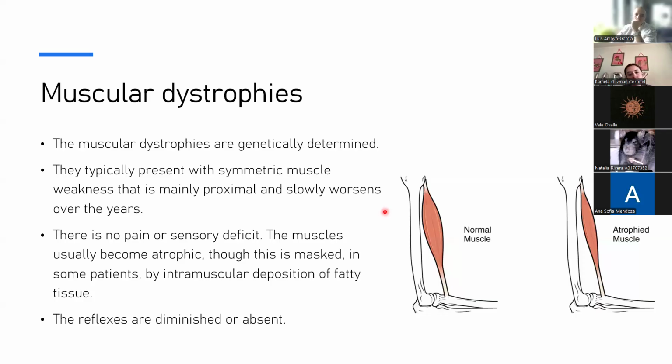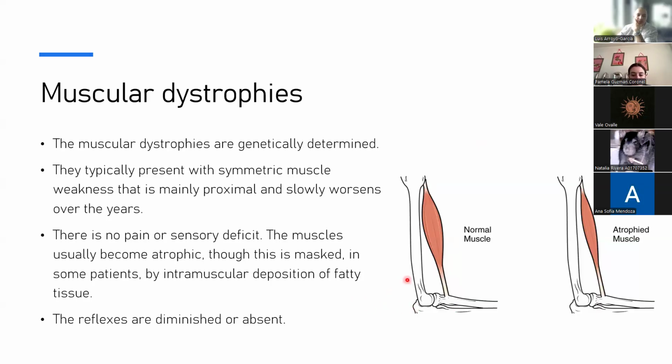You have a symmetric muscle weakness, mainly proximal, and it slowly worsens over the years. It's important for you to know that, I don't know why, but it's actually affecting the proximal muscles. There is no pain or sensory deficit.